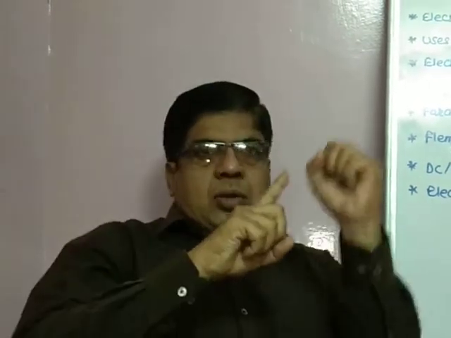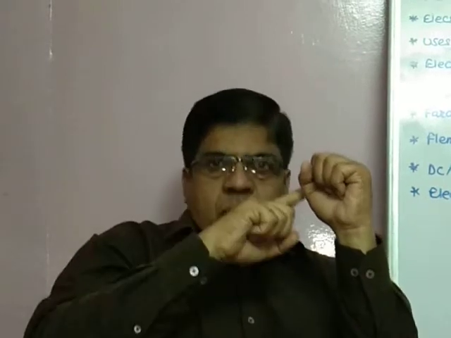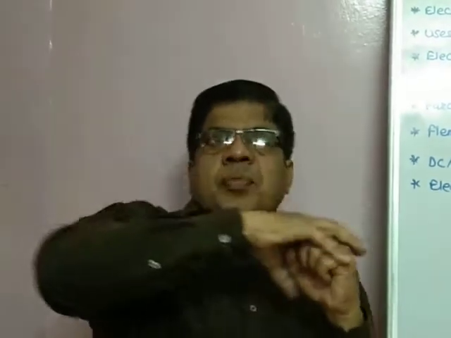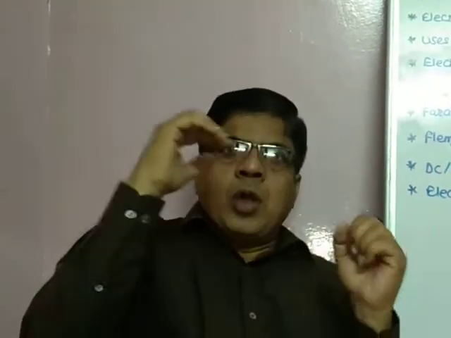A current can be induced in a conductor either by moving it in a magnetic field or by changing the magnetic field around the conductor. Electromagnetic induction was discovered by Michael Faraday in 1831. Suppose these are two conductors: in one conductor current is flowing and a magnetic field is around it, and this induces current into another conductor.